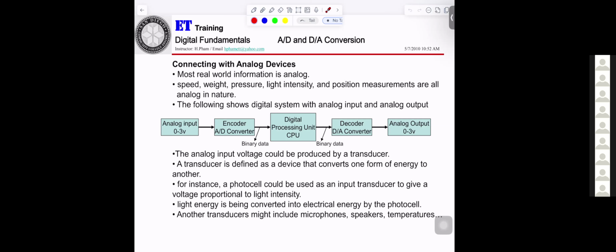That's what they call the encoder, the analog-to-digital converter. They have to convert your voice into binary. Then it can go into the digital processing CPU.